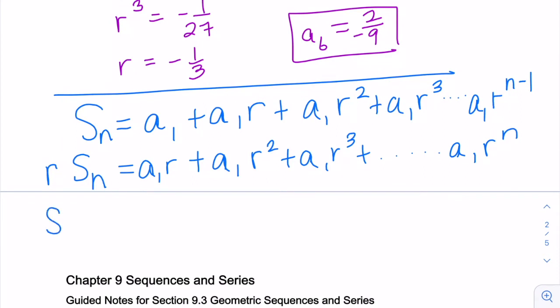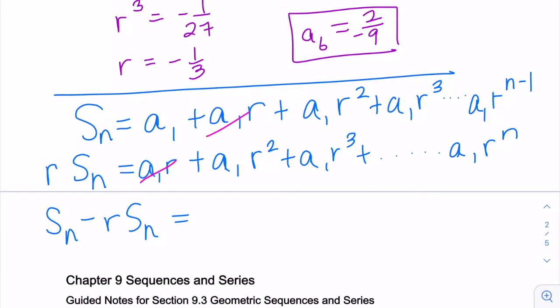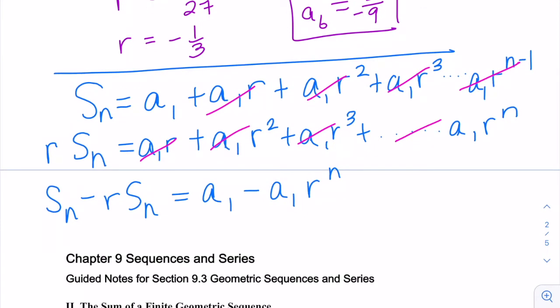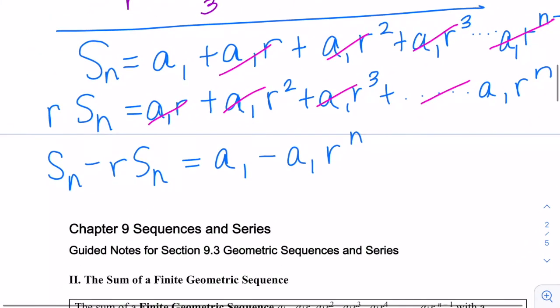So we'll have s sub n minus r times s sub n. If you notice, all of these terms in the middle will cancel. So we'll have a sub 1 minus a sub 1 times r to the n on the right side. Now I'm going to factor the common terms. Looking at both sides, let me factor s sub n.